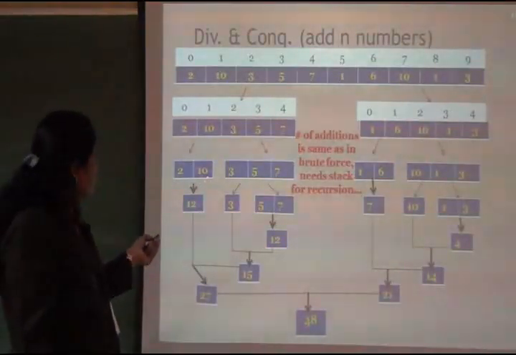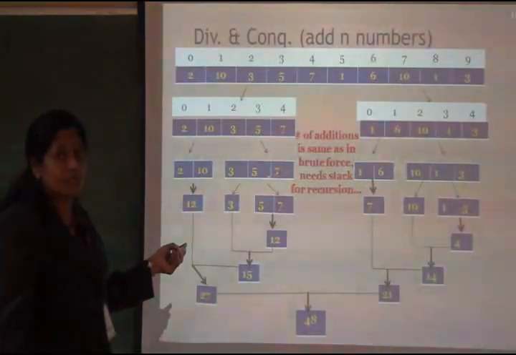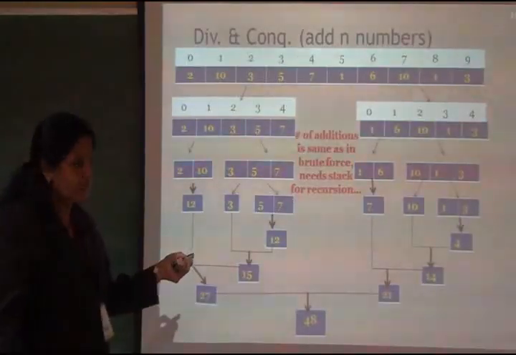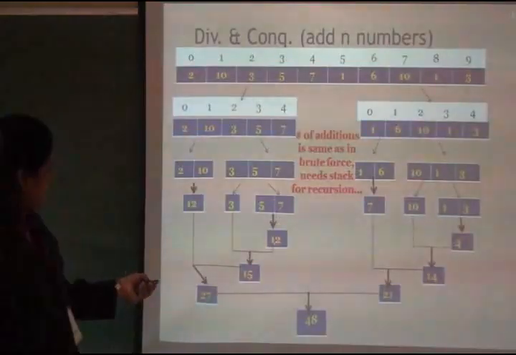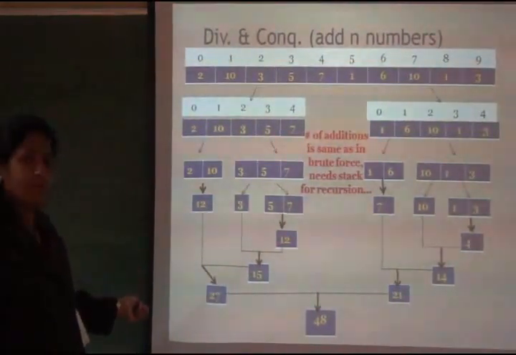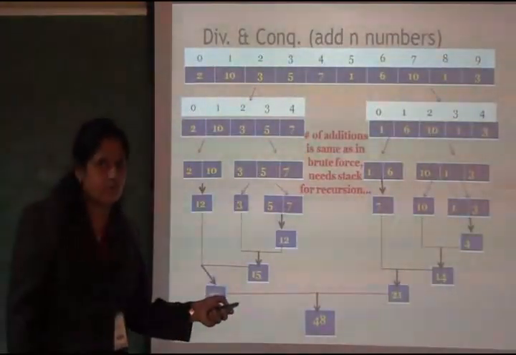We add these 2 numbers, 2 plus 10, 12. And 3, 5, 7 can be subdivided into 2 arrays: 3 in one array and the second array is 5 and 7, which can be solved directly. 5 plus 7 is 12, then 12 and 3 will be added, 15, and 15 plus 12 will be added, 27. In the same way we have to solve the right hand side also.